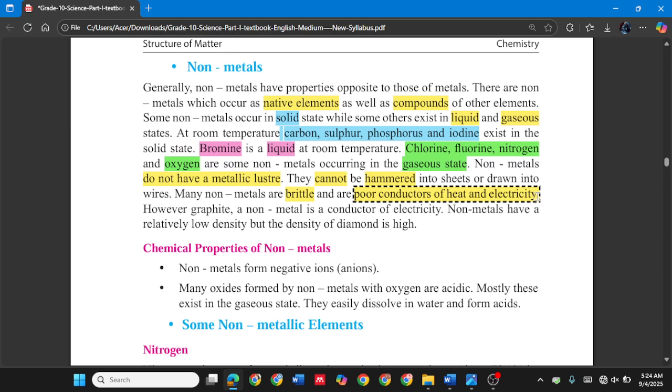However, graphite, a nonmetal, is a conductor of electricity, so this is an exception.